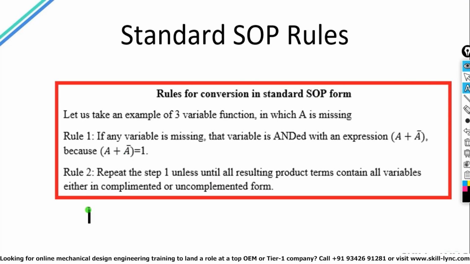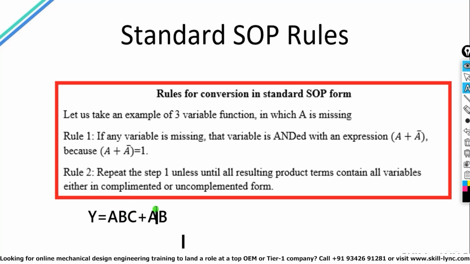For example, say the case is y equal to ABC plus AB. This is the SOP form. The very first thing you will do is see that this question involves 3 variables.